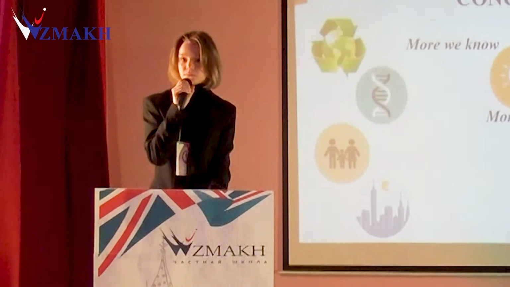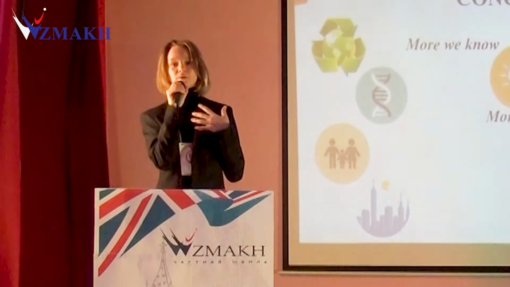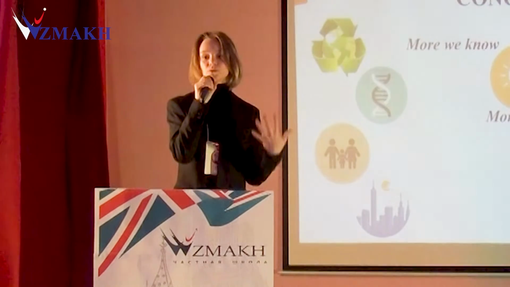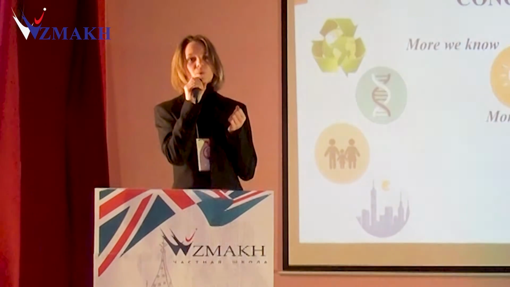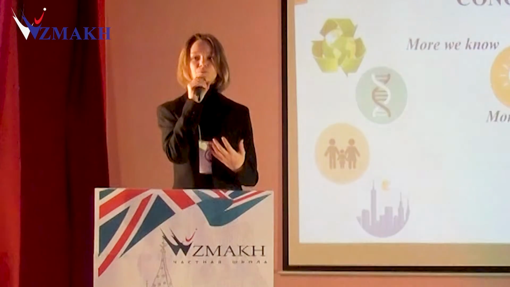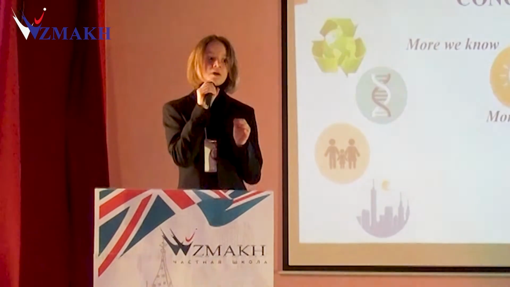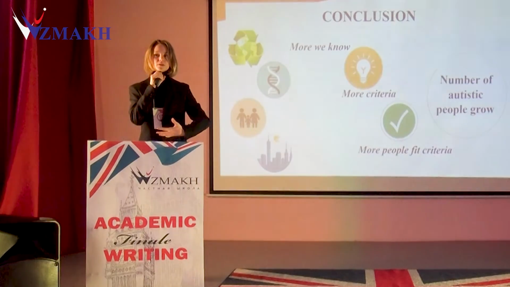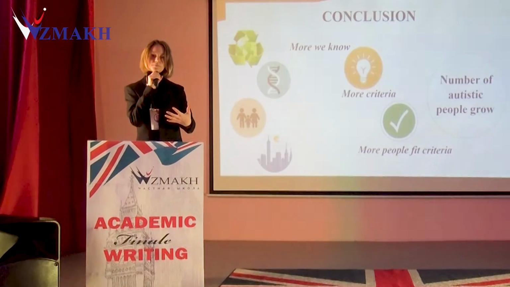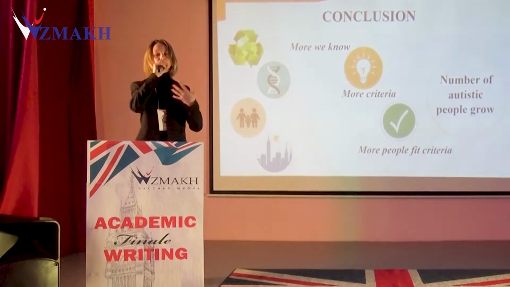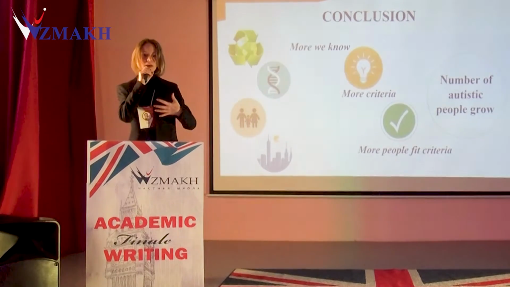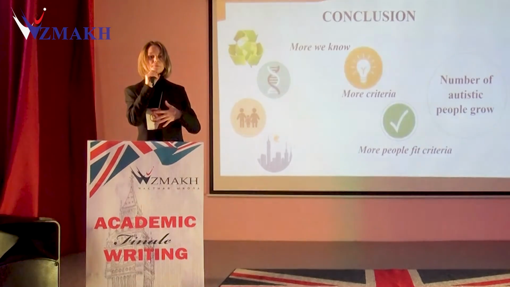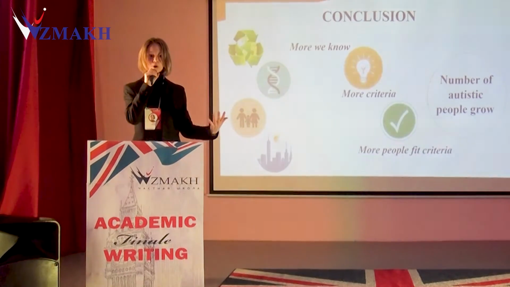So, in conclusion, I would like to answer why the number of autistic people is growing. After finding out what autism is and discovering different theories connected with autism, I understood one interesting thing. The more we know about autism, the more criteria are being created. So more people fit these criteria, and so the number of autistic people grows.